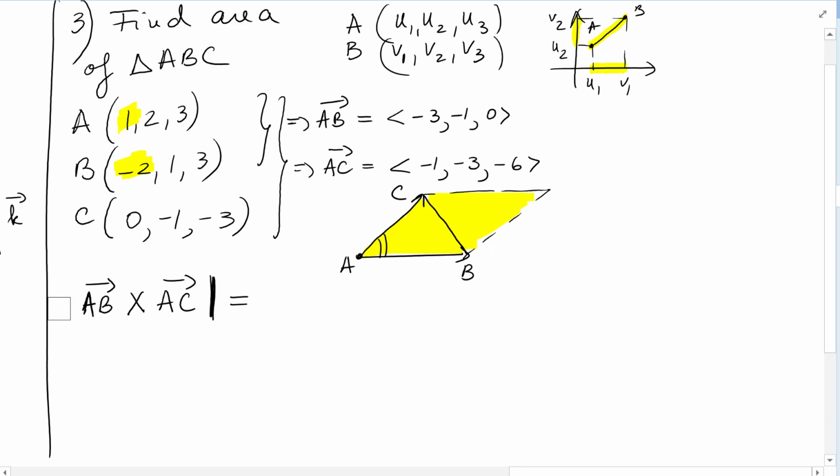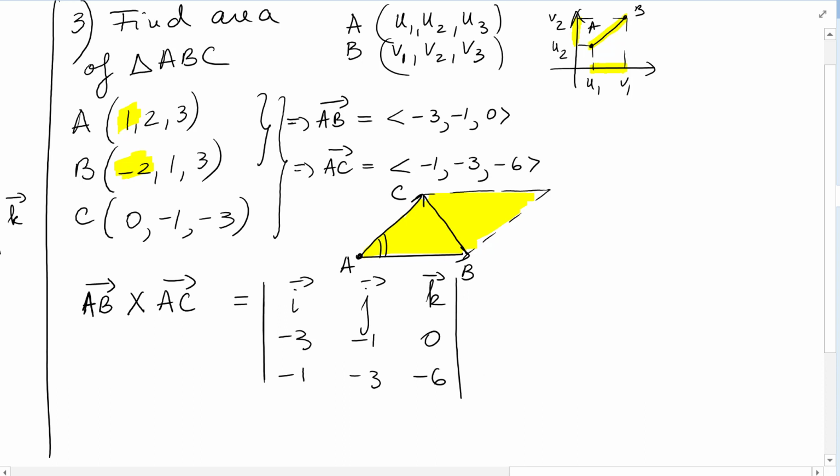So let's first calculate the cross product using the determinants i, j, k. AB is -3, -1, 0, and AC is -1, -3, -6.